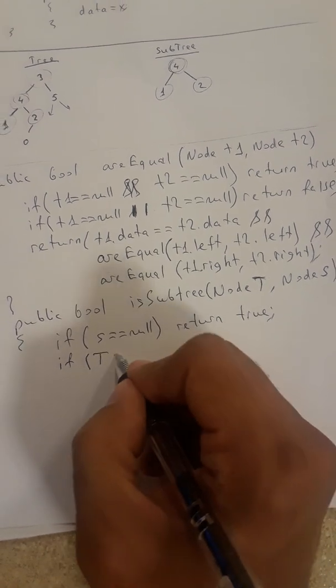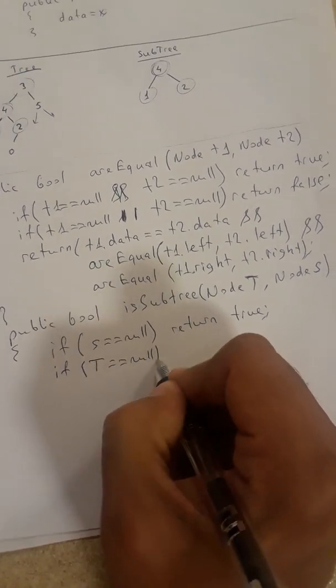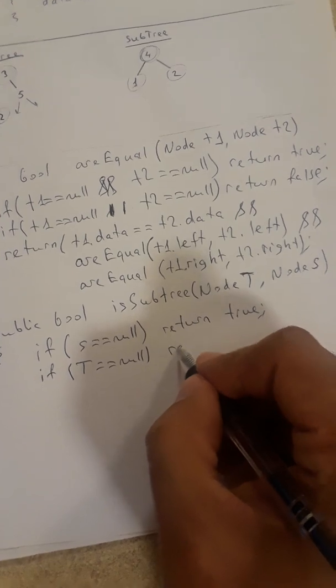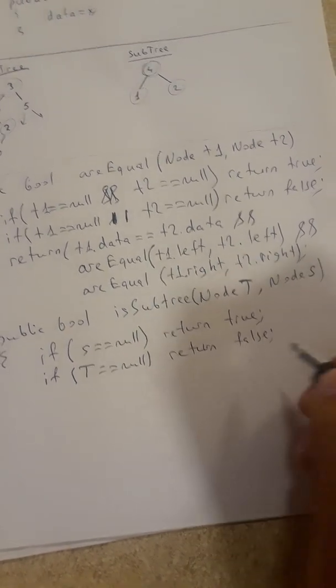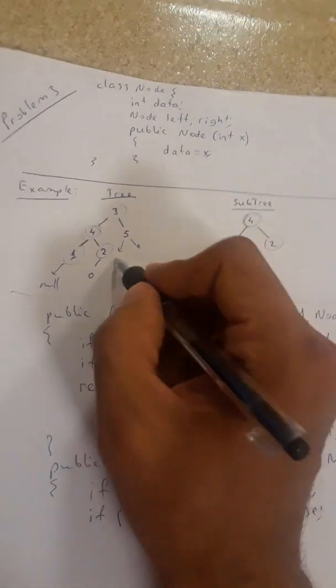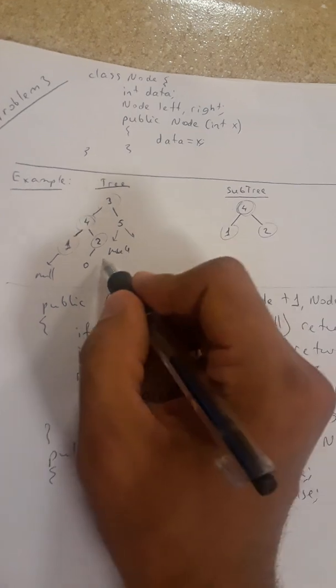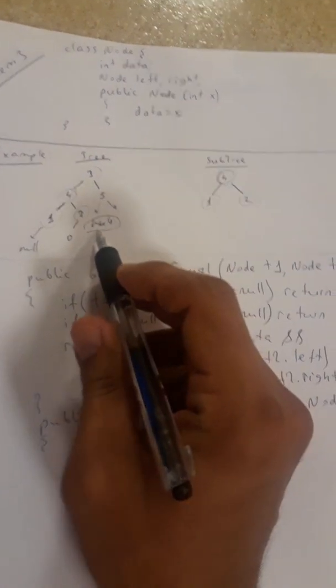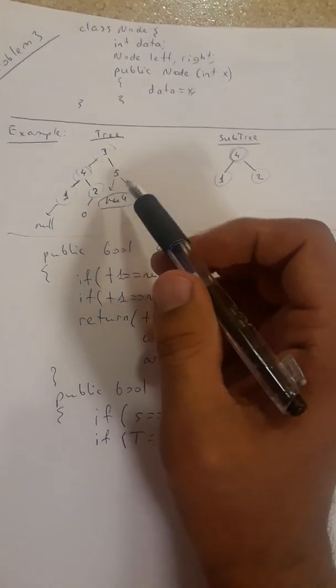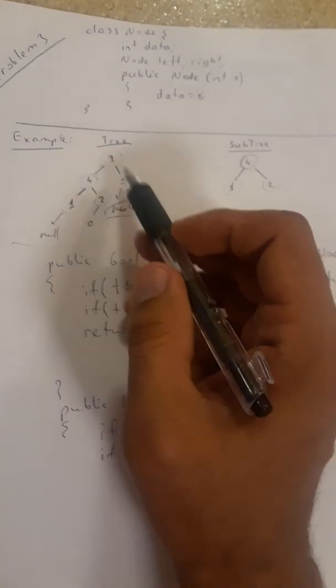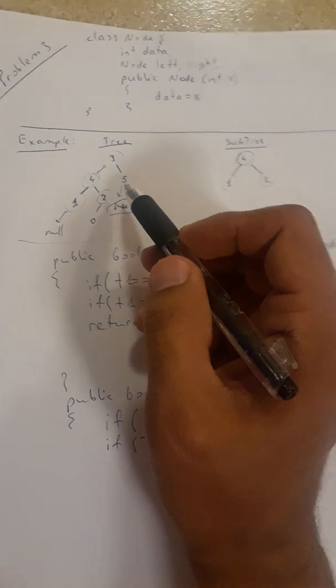But for T, if it's null, I will return false. So if at some point we go down to the bottom of the tree with the null value, it will mean that we were not able to find any equality, and we fail to return true.